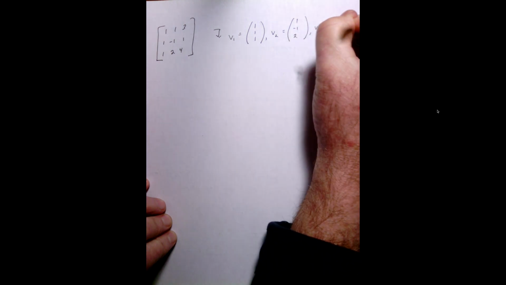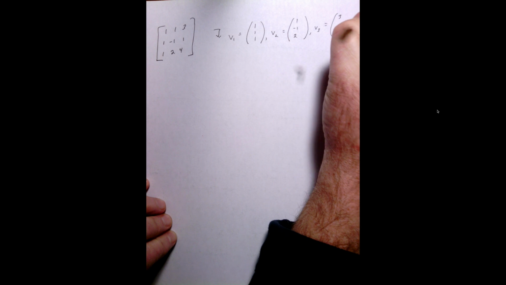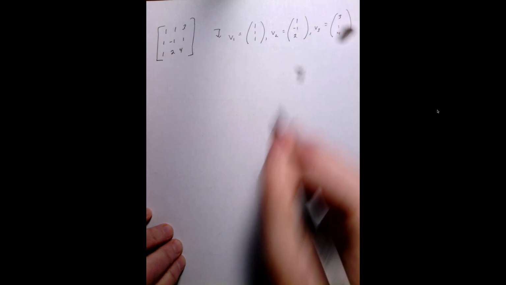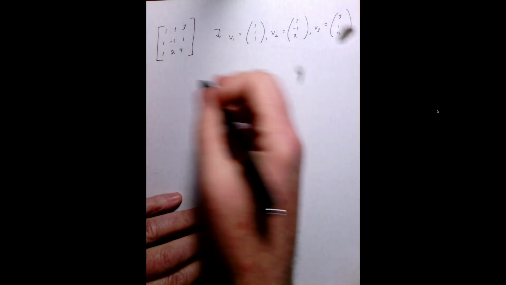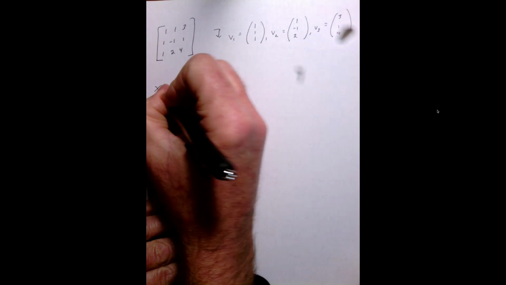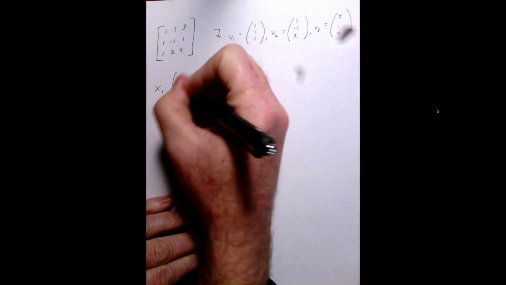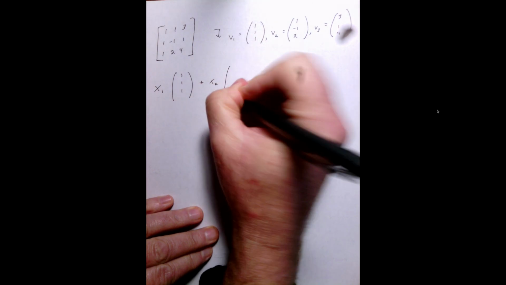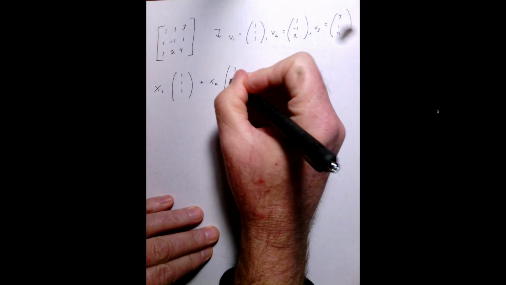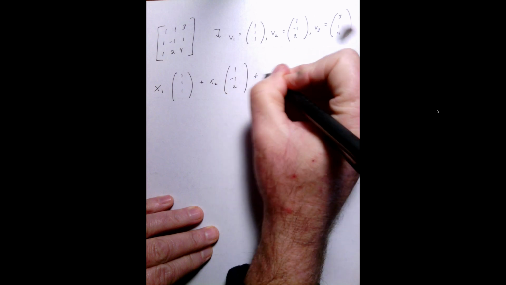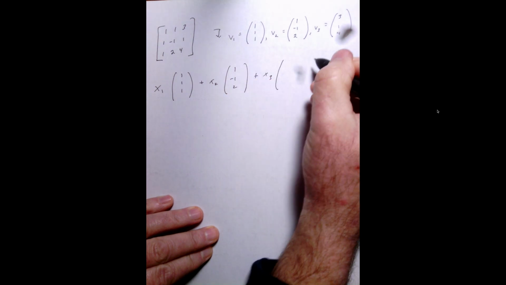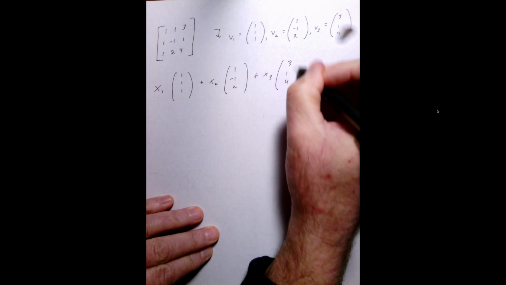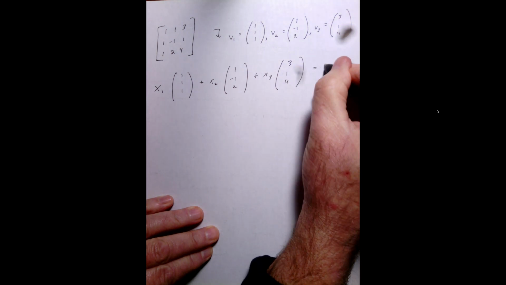And vector 3 is equal to 3, 1, 4. So we're ultimately asking ourselves, is there an x1 times vector 1 plus x2 times vector 2 plus x3 times vector 3 which is equal to 0?